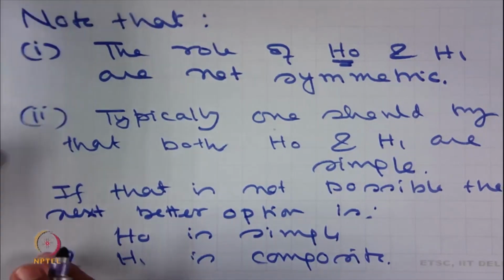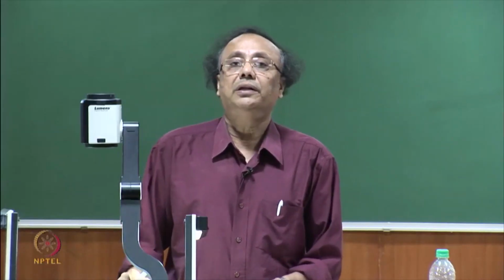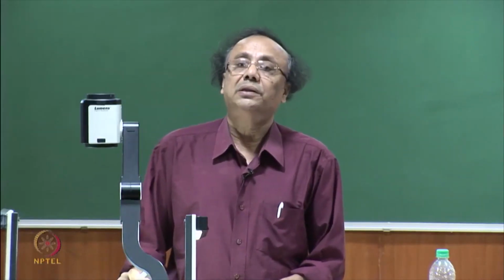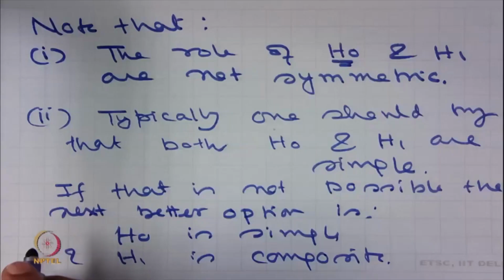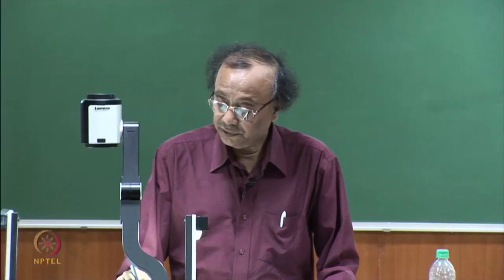Because if H naught is composite, then by accepting that, we do not really learn much about the characteristic of the population.